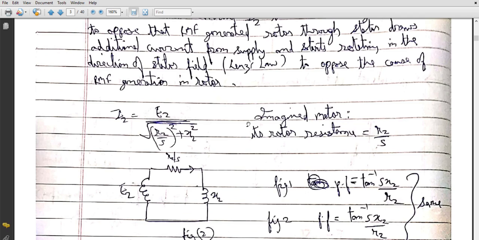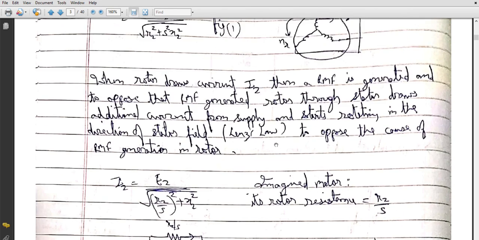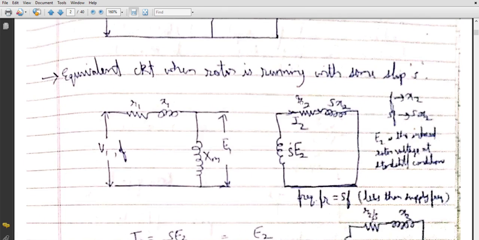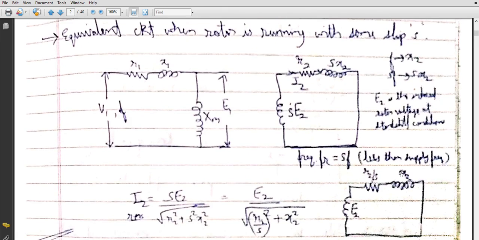These are the same things which have been done. Now we need to see the value of the power factor for both circuits. This is the original circuit, and this is your imagined circuit.